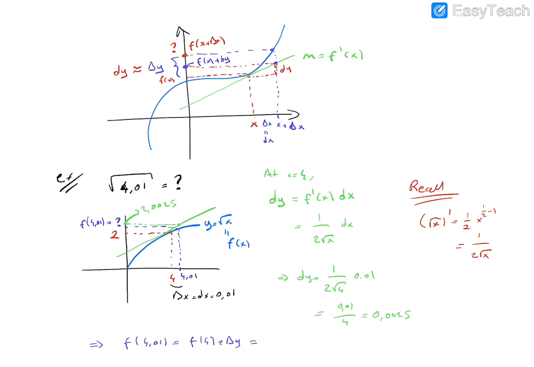But delta y is approximately equal to the differential of y. So this approximately equals f of 4 plus the differential of y. So f of 4 is 2, so 2 plus 0.0025, which is 2.0025. Okay, so this is the square root of 4.01.